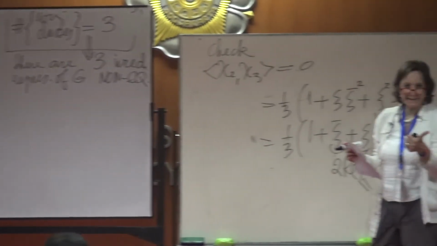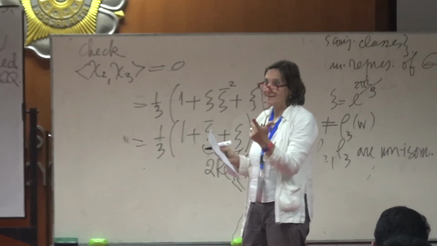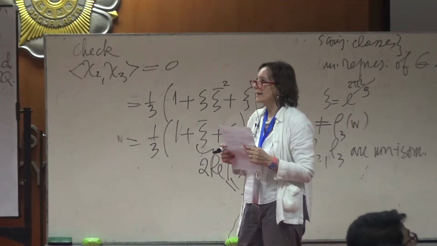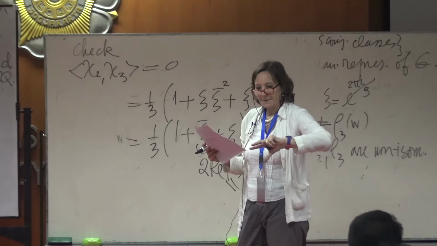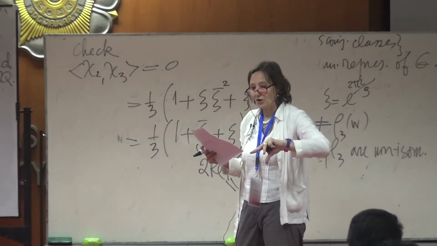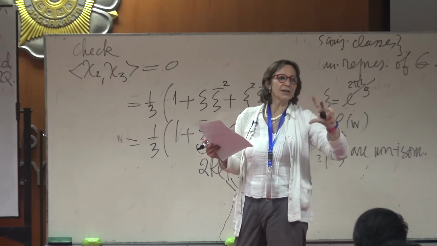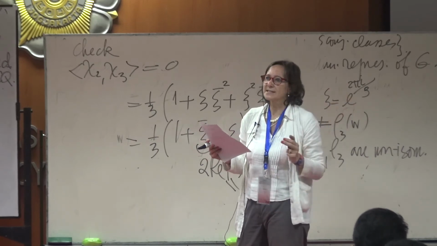So we know the identity, we know the sign, and we know the action of S3 on V0, this plane in C3 where the sum of the coordinates is 0.